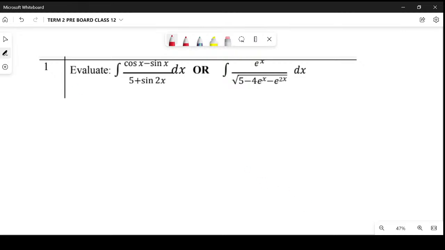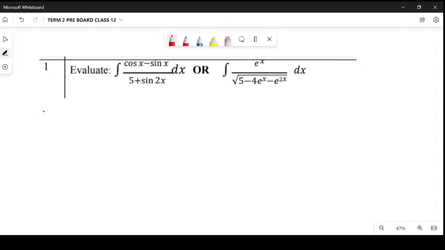Now evaluate integral of cos x minus sin x by 5 plus sin 2x dx. This is a very simple problem, not that difficult. To simplify, the substitution is important here.